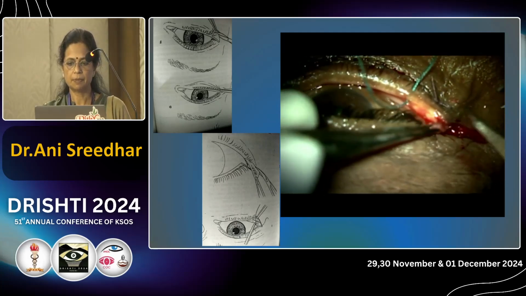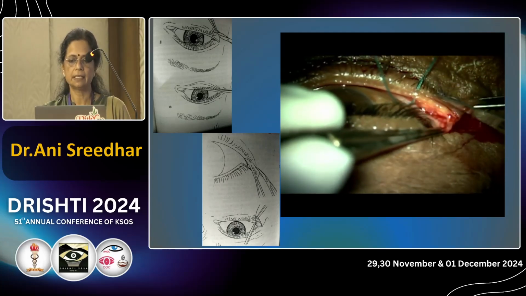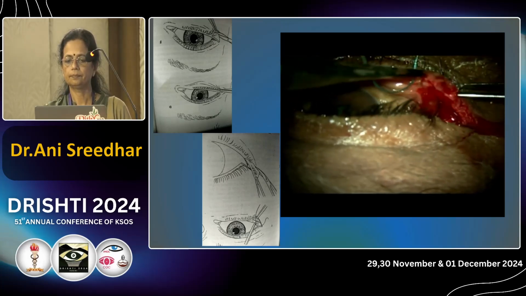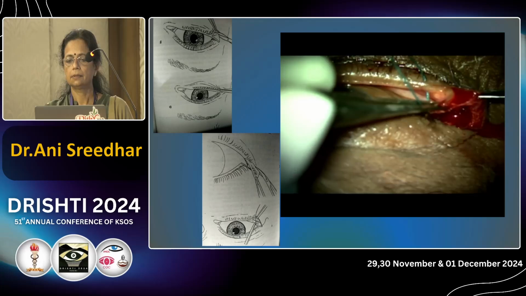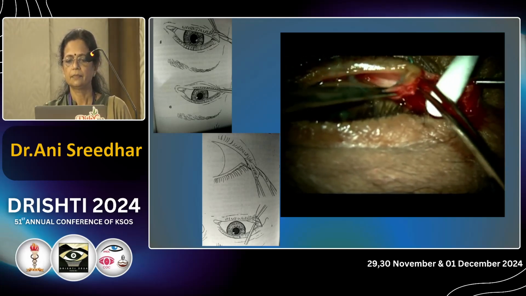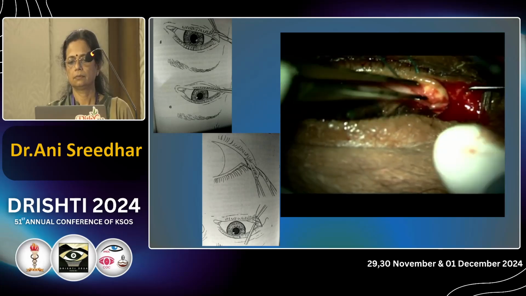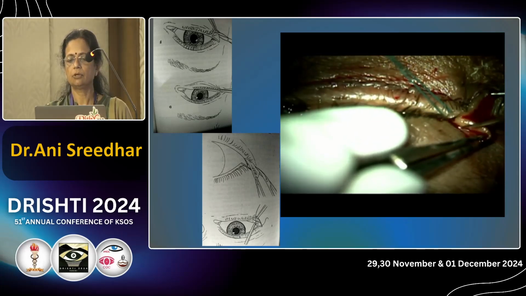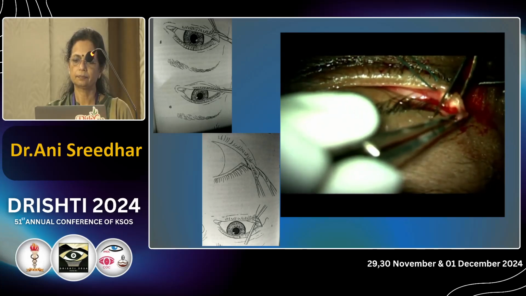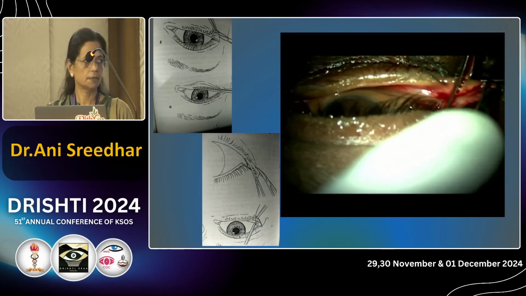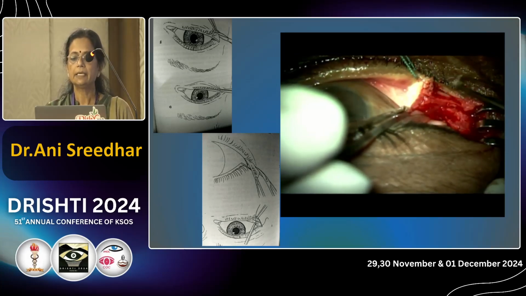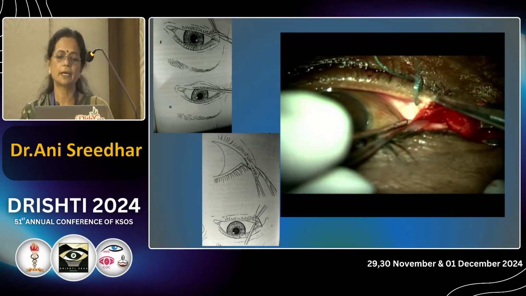Now we are splitting the lid into anterior and posterior lamella. The posterior lamella contains the tarsal plate and the conjunctiva. Now shorten the posterior lamella till where you want it to be tightened. And then de-epithelize the area where you have to bury it.